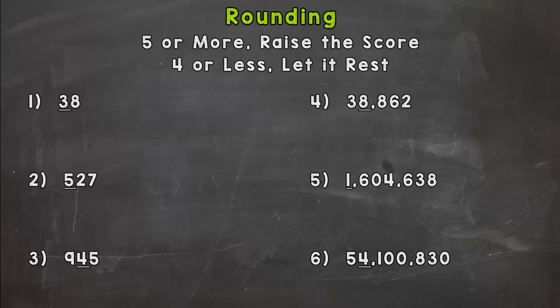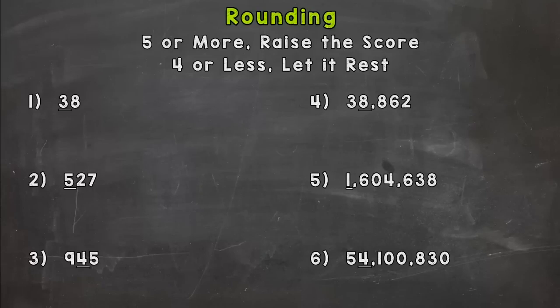So let's jump into rounding here, and we have our rounding rules up top. 5 or more, raise the score. 4 or less, let it rest. So let's take a look at number 1. We have 38. And we have the 3 underlined that's in the tens place. So we are going to see if this number is closer to 30 or 40.